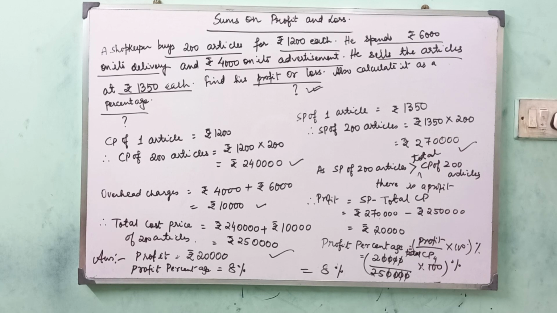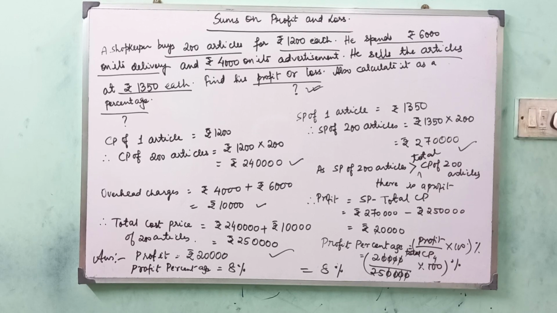So the cost price of 200 articles will be 1,200 into 200, that is 2,40,000.